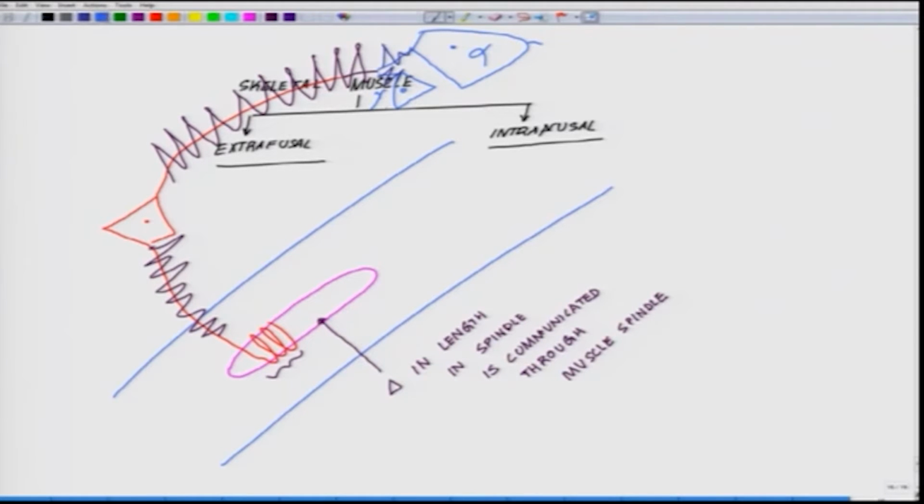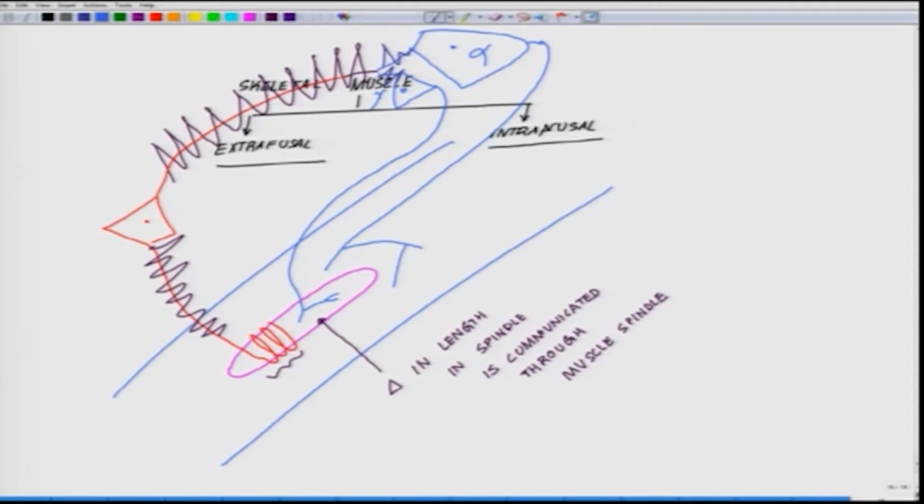This gamma motor neuron sitting out here brings the signal back to the muscle spindle, whereas alpha brings the signal to the muscle itself.